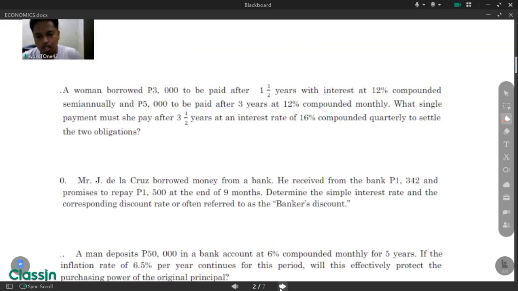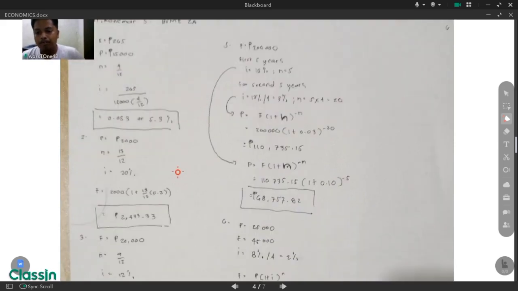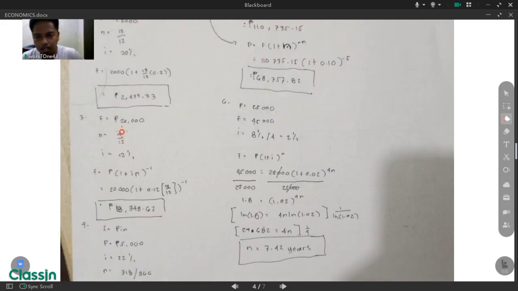As the formula states in simple interest, first we have our future worth, which is 20,000. Our time frame is 9 over 12 since it's 9 months, and i is 12%.